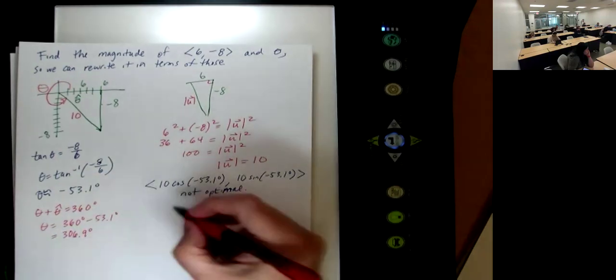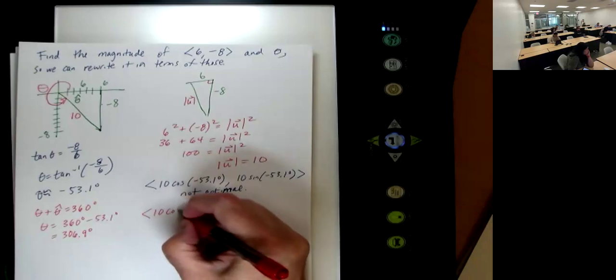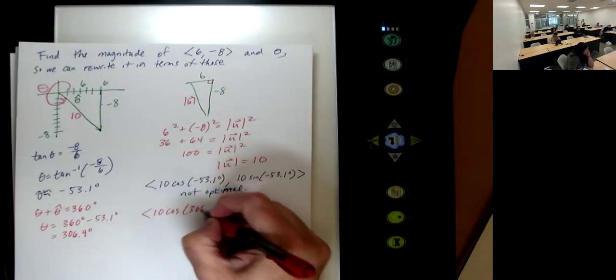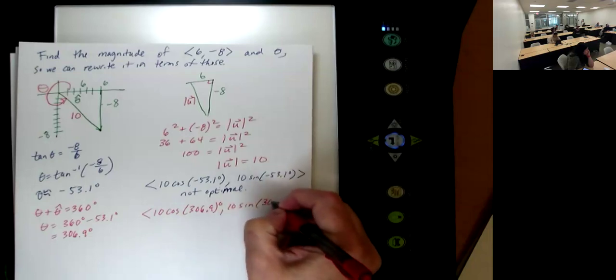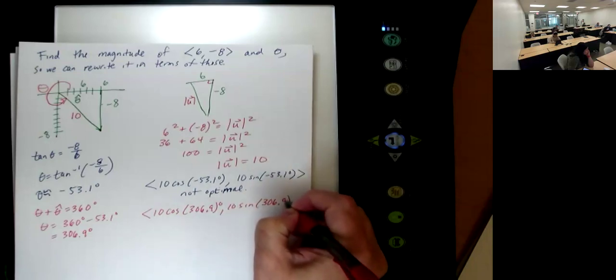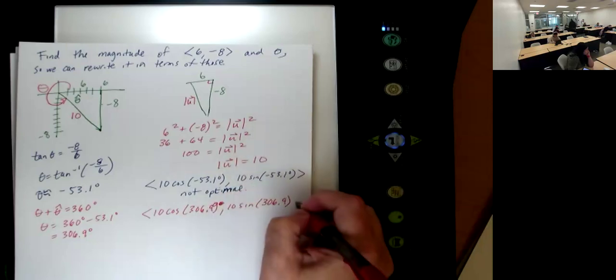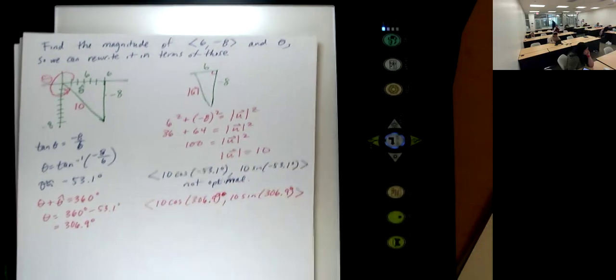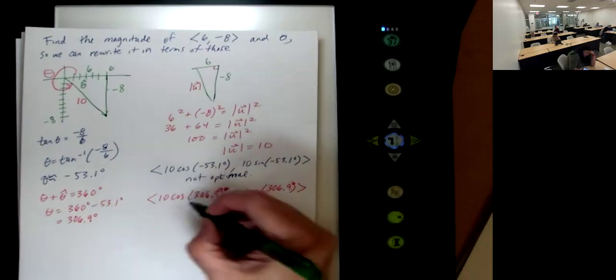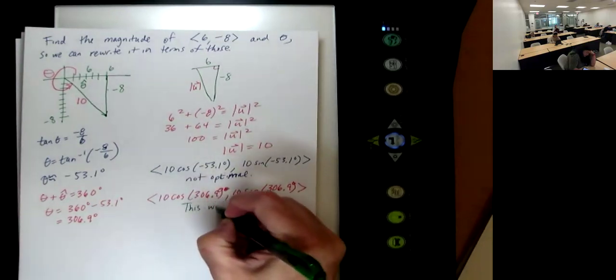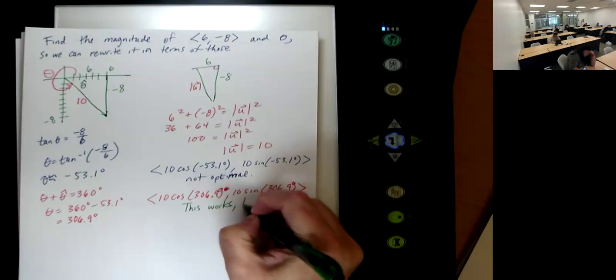Yeah, we could put 10 cosine of 306.9, 10 sine of 306.9. That works. But there's something better.